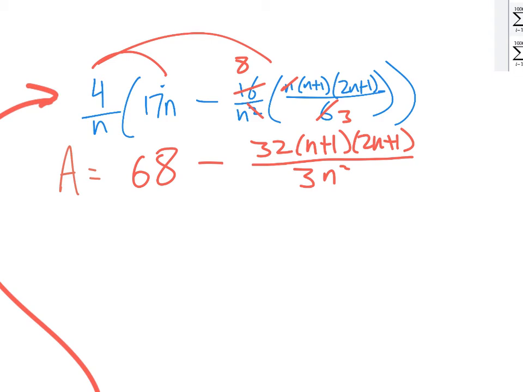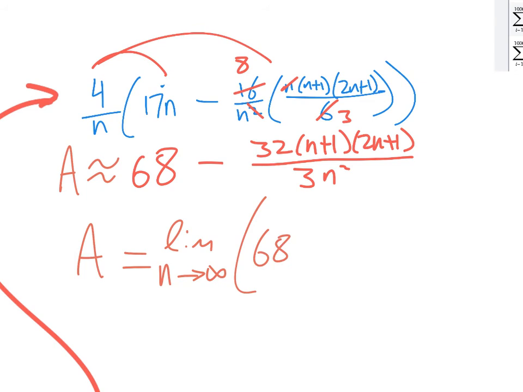Actually, this is an area approximation, but to find the exact area is when we have infinite rectangles. So the exact area here is the limit as n goes to infinity of 68 minus that whole thing there.